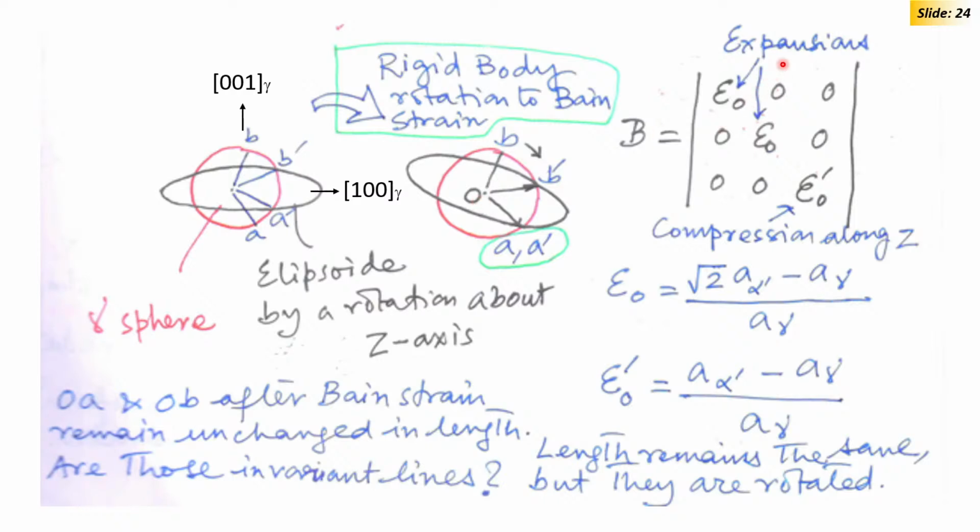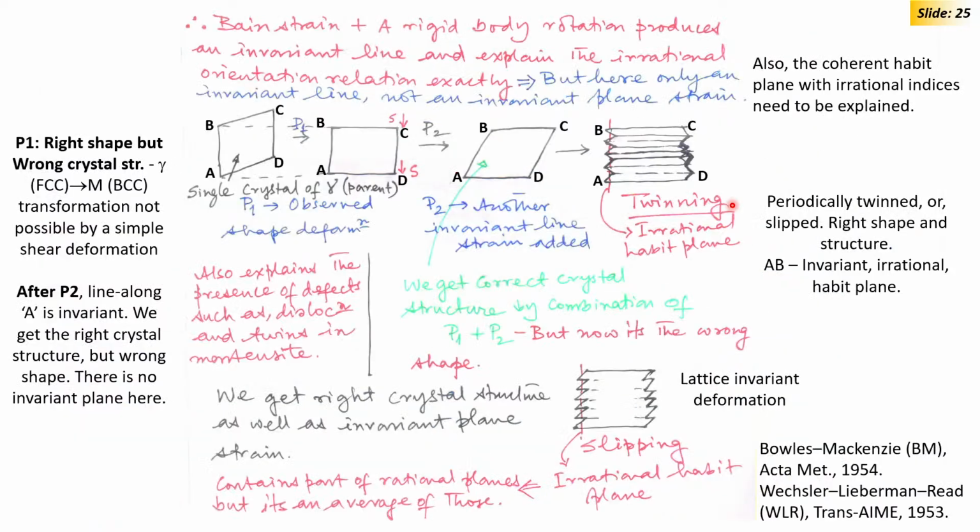So, expansion is happening. So, Bain strain can be calculated. The lattice parameter of austenite if you calculate, the lattice parameter of new transformed BCC if you can calculate, it is possible to calculate these strains. So, the Z strain will be compression, high value of compression, and these two would be expansion. From the lattice parameter it is possible to calculate. So, it is called Bain strain tensor.